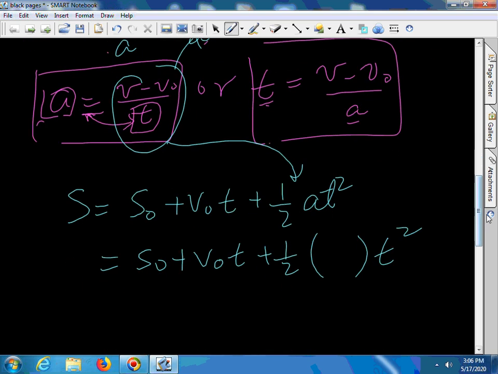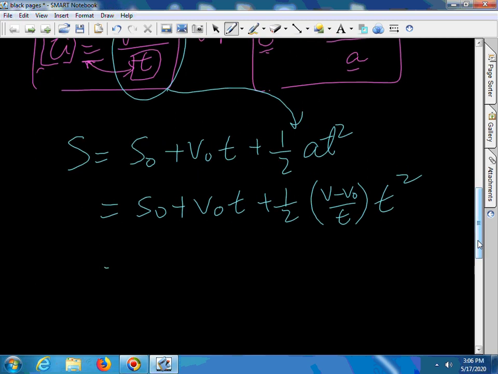And the new way of writing a is v minus v0 over t. And we can simplify the t's, 1t here for 1t here.